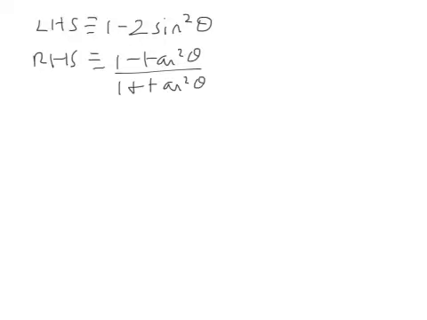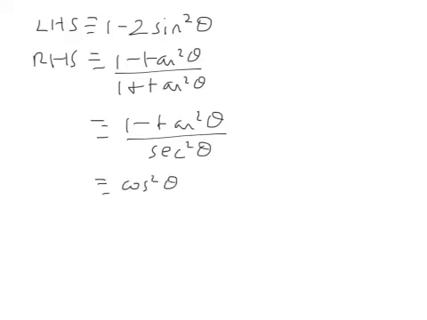Well, 1 plus tan squared is sec squared, so that's 1 minus tan squared theta over sec squared, and 1 over sec squared is cos squared. So this is cos squared theta, and cos squared times tan squared, well, tan is sine over cos, so cos times sine over cos is just that.